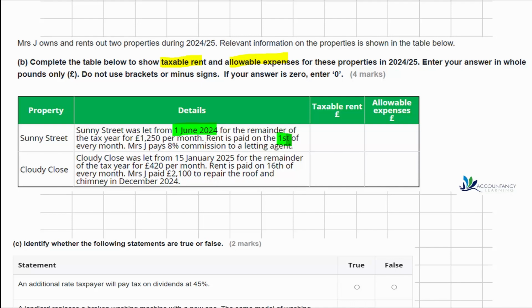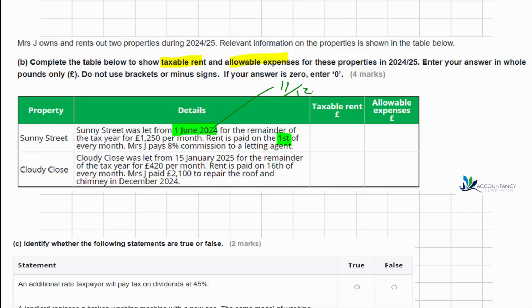But that means that one of the rents would have been received on the 1st of April. So we just need to count how many months are relevant for this then. So again, just counting on our fingers, we've got June, July, August, September, October, November, December, January, February, March, April. So that means we have 11 months.